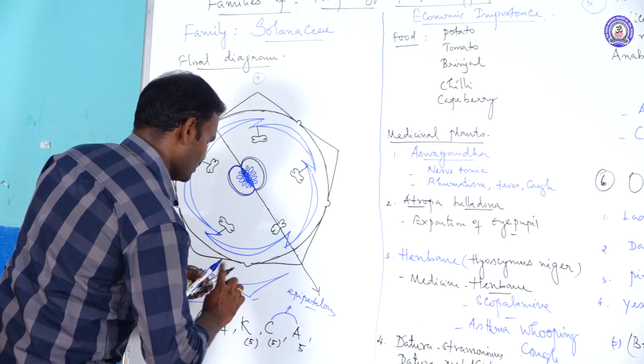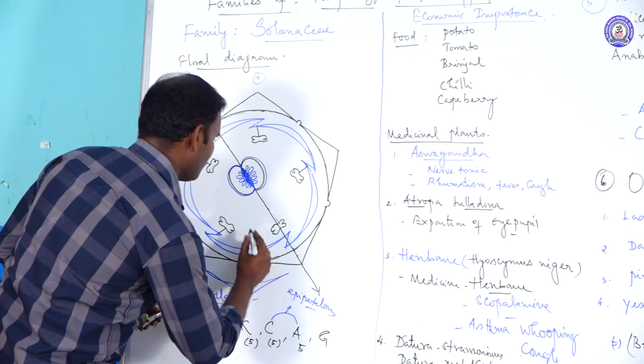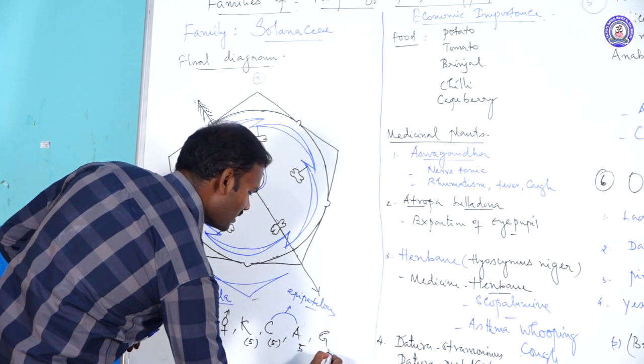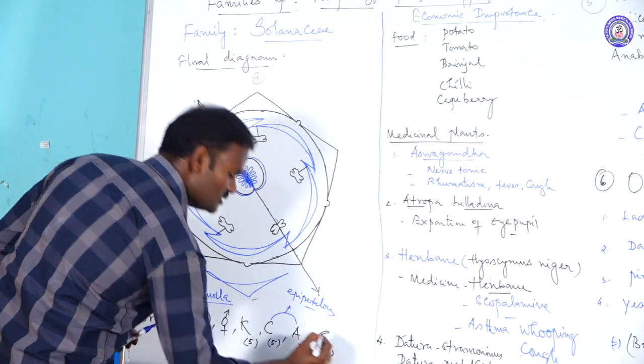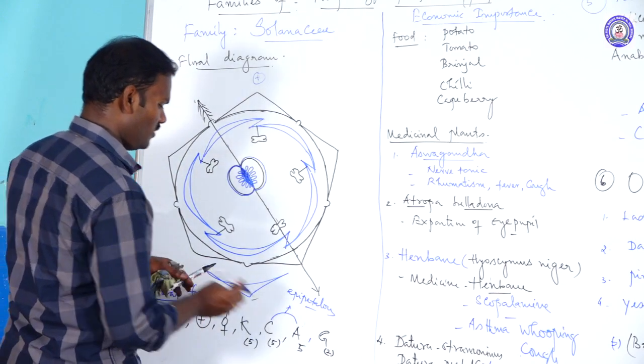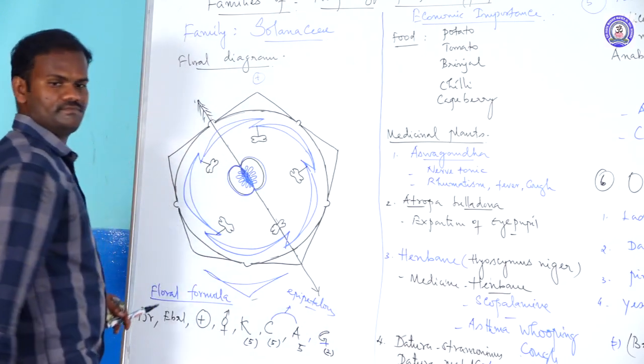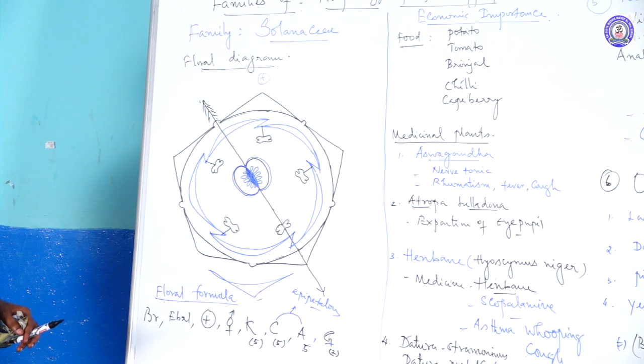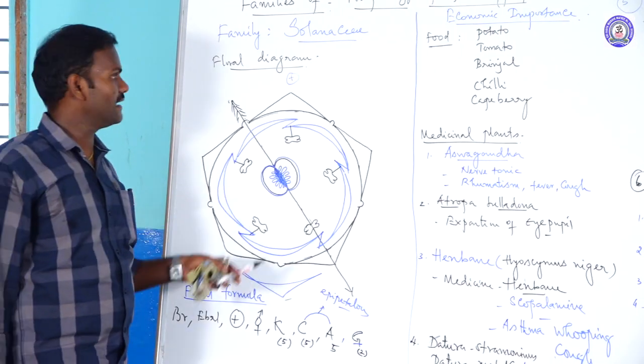The next, gynoecium, the number of carpels is 2, bicarpellary, syncarpous, fused. Then ovary, superior ovary. So these are the floral formula for the respective floral diagram.